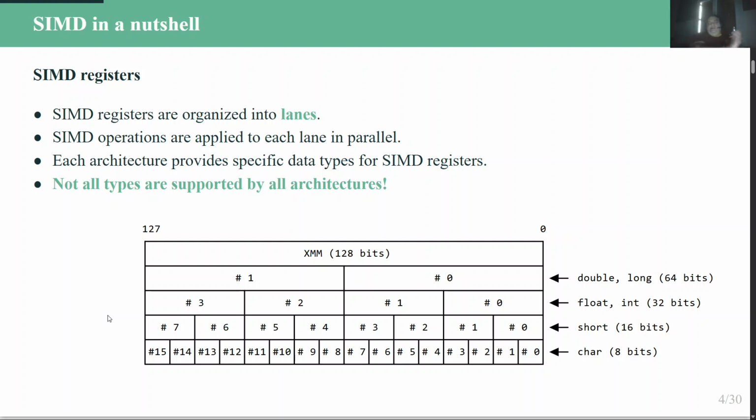And so if we take the example of the x86 SSE extension that uses 128-bit registers, we see that we can look at them as either a pair of 64-bit elements, double or long, a quadruplet of float or 32-bit integer, a pack of 8 16-bit integers, 8 shorts, and 16 8-bit values.